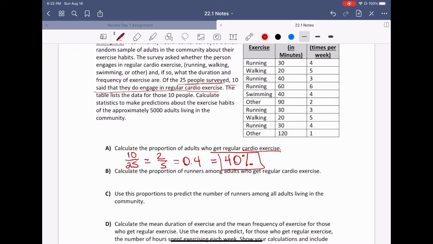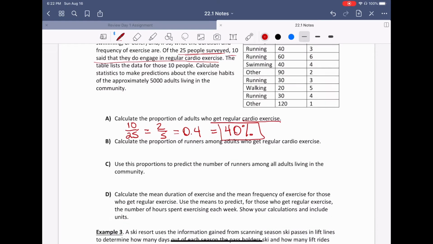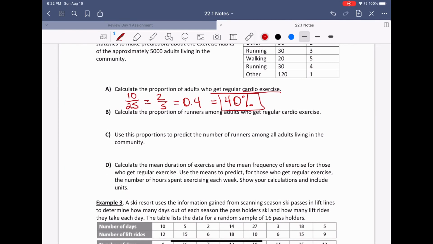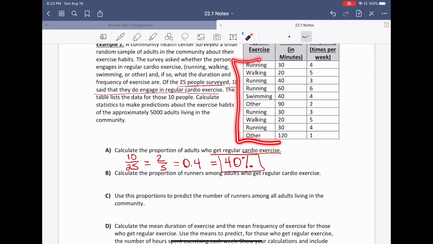Pretty simple, right? Example B says calculate the proportion of runners among adults who get regular cardio exercise. So this time we're only looking at runners based on those who get exercise. So how many runners do we have? We have 1, 2, 3, 4, 5. 5 runners out of how many?